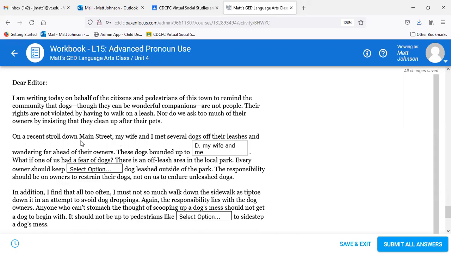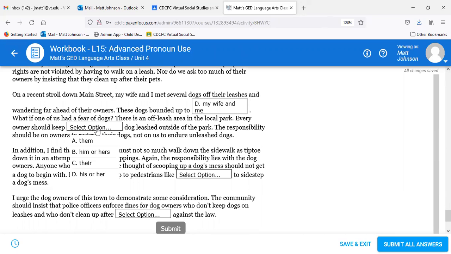There is an off-leash area in the local park. Every owner should keep, this is singular.